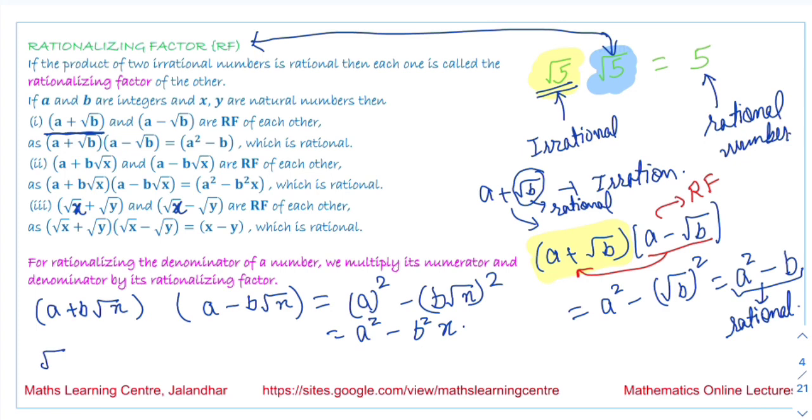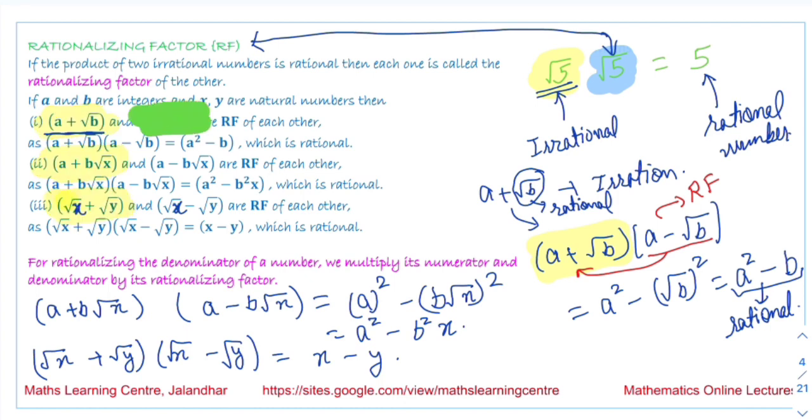Similarly, if the number is square root x plus square root y and we multiply it with square root x minus square root y, then the answer will be x minus y. So for these kinds of numbers, the rationalizing factors are a minus square root b, a minus b root x, and square root of x minus square root of y.